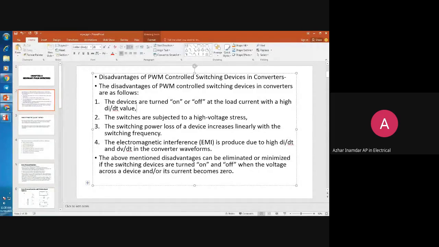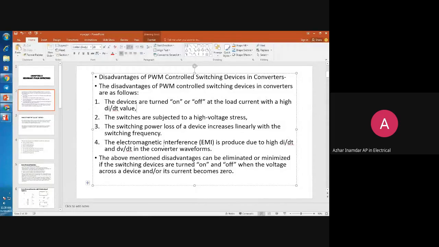To overcome these, the resonant pulse inverters are invented. This disadvantage can be eliminated or minimized if the switching devices are turned on and off when the voltage across a device or its current becomes zero. So now the voltage and the current are forced to pass through zero crossing by creating an LC resonant circuit, which we are going to see in the series inverter.